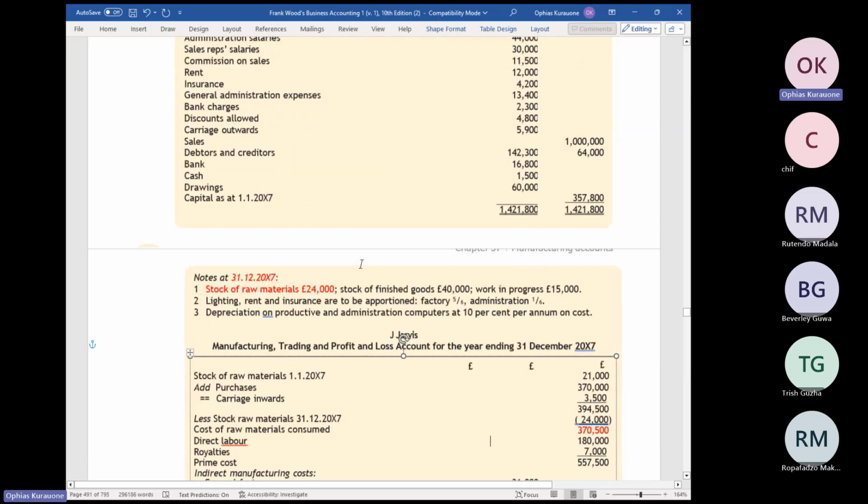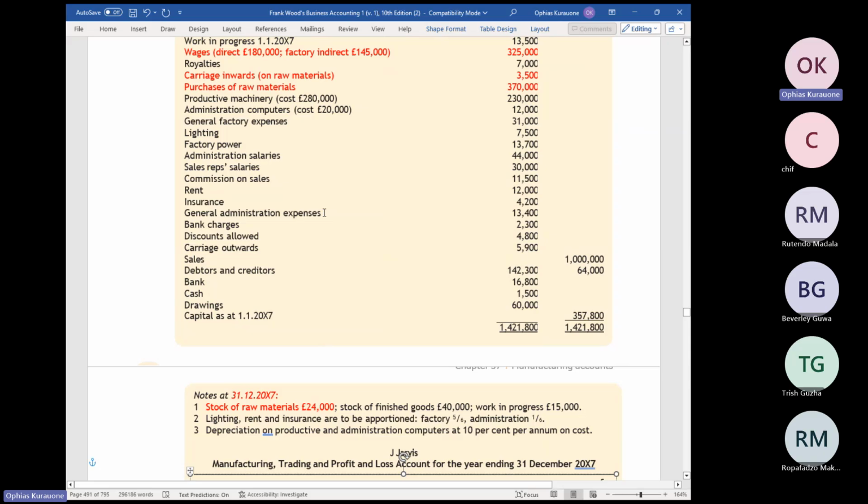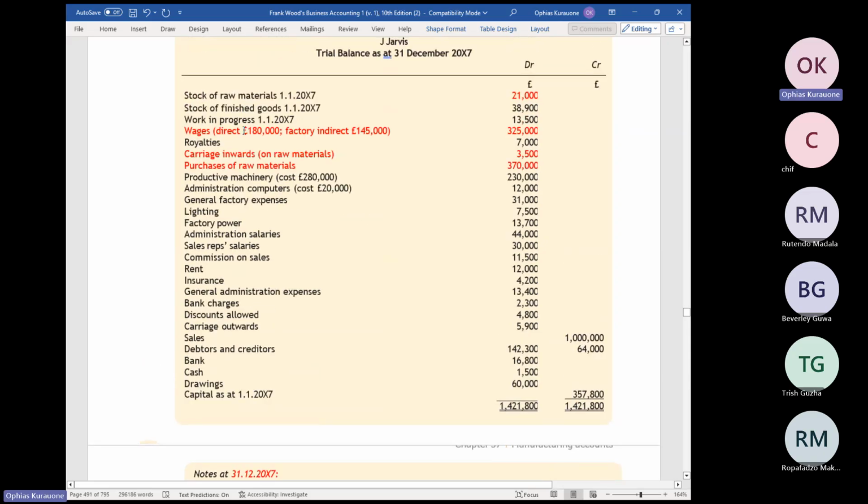Cost 280. Then we look for the direct labor. Direct labor is 180,000. So you pick 180,000 so that you can come up with the prime cost. You don't pick 145. 145 is indirect.